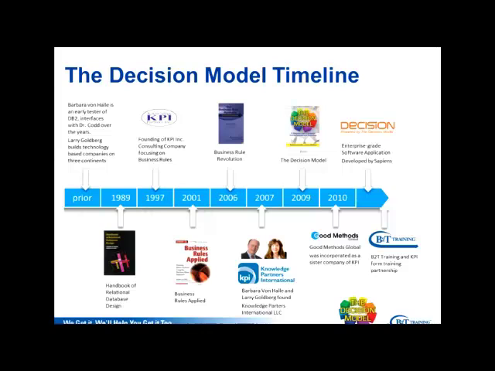And as of 2011, Sapiens developed an enterprise-level software product called Decision, which supports decision model creation and testing and automation, so all the way through the life cycle. And most importantly today, we are very pleased that in 2012, we can now offer a decision modeling essentials course through B2T.